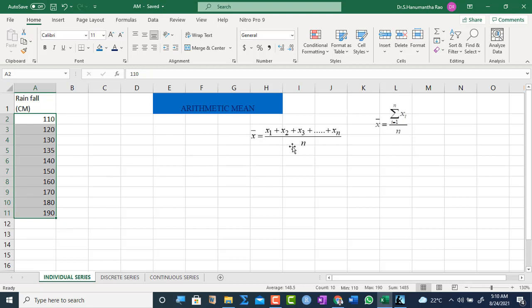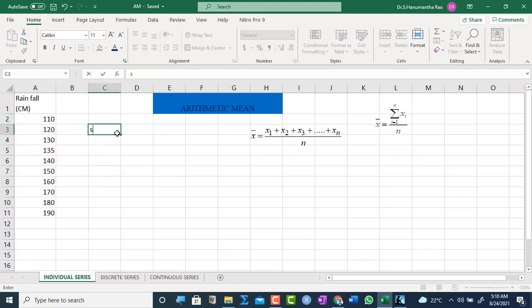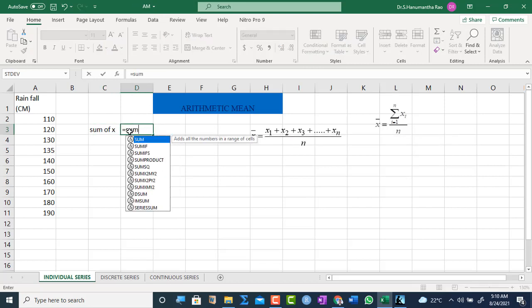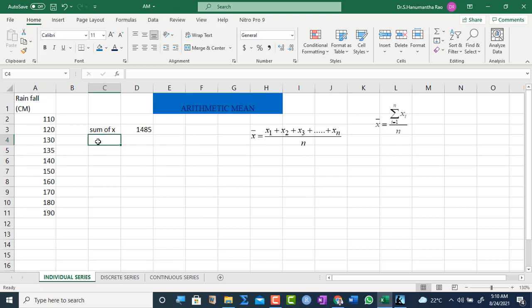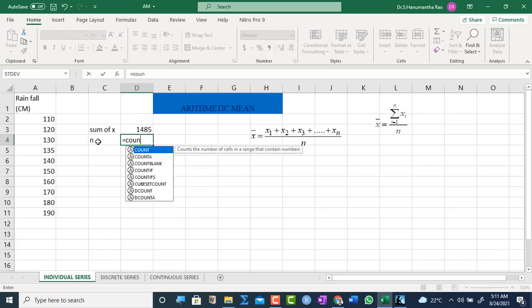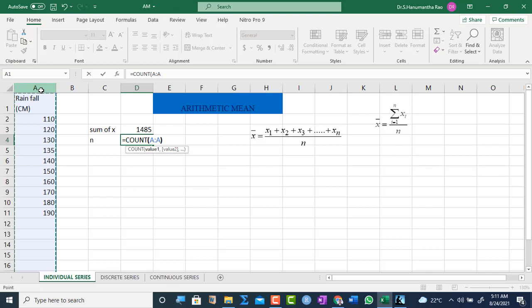Based on this information and the formula, the arithmetic mean is sum of observations by number of observations. Now I calculate the sum of x, and n, the number of observations.